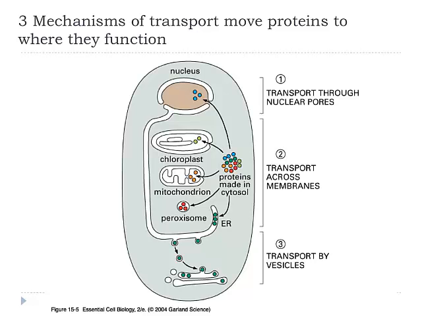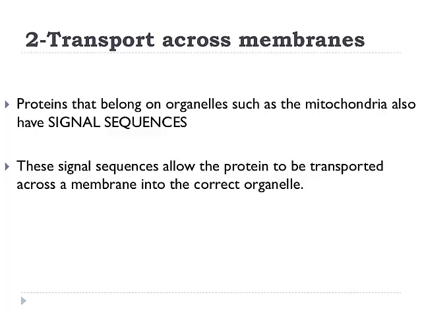There's also transport across membranes. I already talked about ER luminal proteins, but proteins need to get to other sites as well. And that includes the mitochondria. So proteins that belong in the mitochondria also have signal sequences.